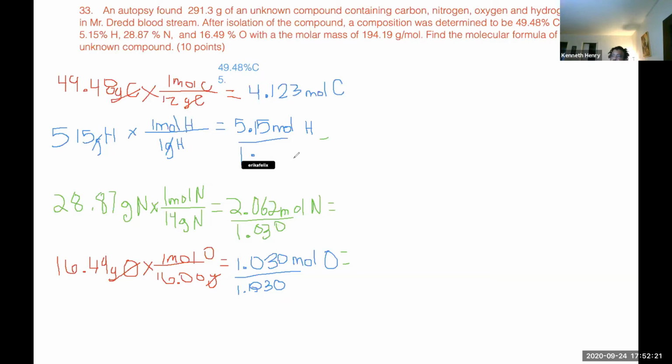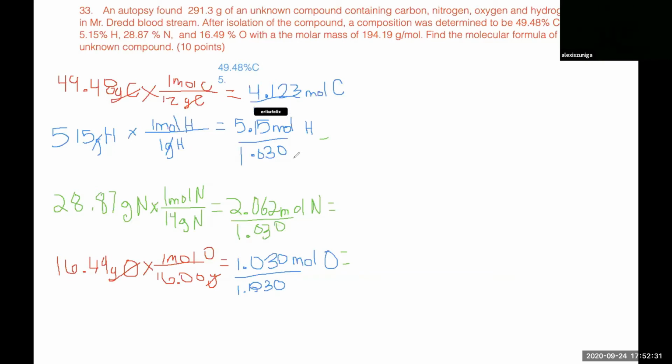You can round, but if you get 1.25 on one of them, you have to multiply each one by 4, because you want whole numbers. You never have a carbon that's like 8.2. It just doesn't exist.